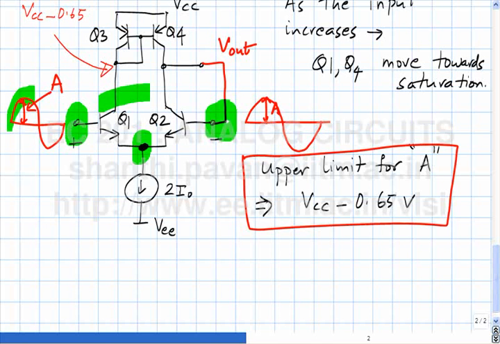So, if you think of this as a differential pair, in other words, what kind of signals are you applying to the differential pair? These two signals which you are applying to the differential pair have a big common mode component. And what did we say if these two potentials are identical? What is this potential?